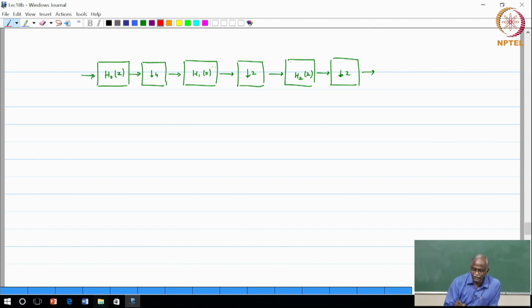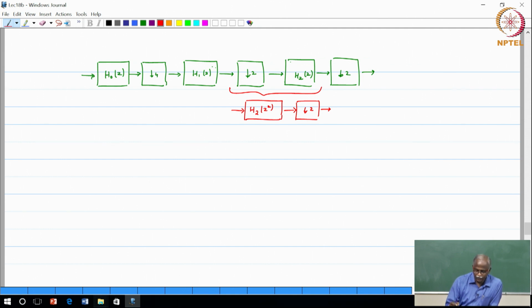If you combine these two using the Noble identities, you will get H2 of z squared followed by downsampling by a factor of 2. Basically, you are moving the downsampling factor all the way to the right, just for understanding this.